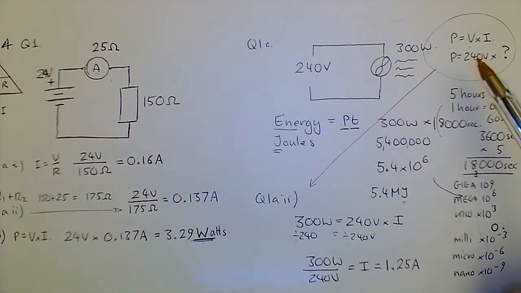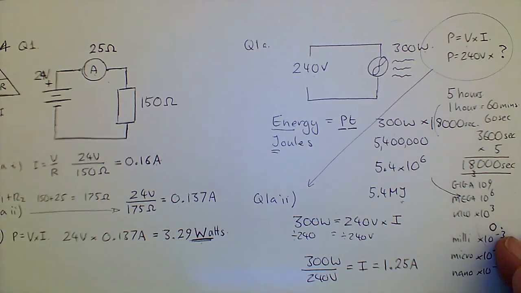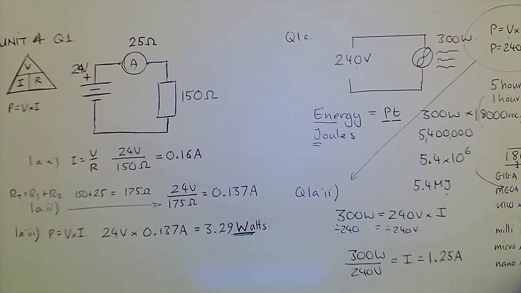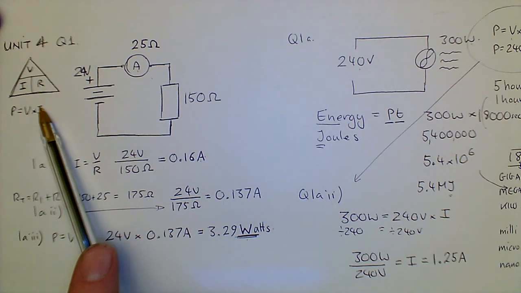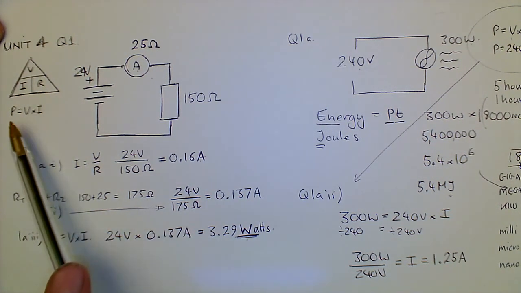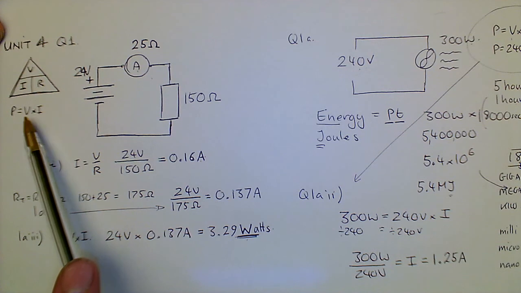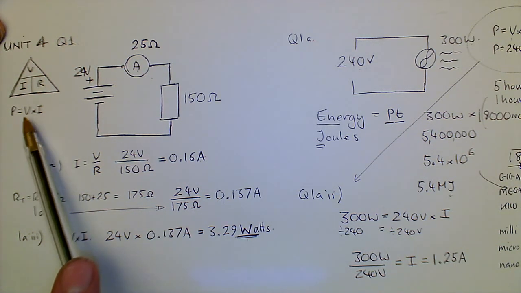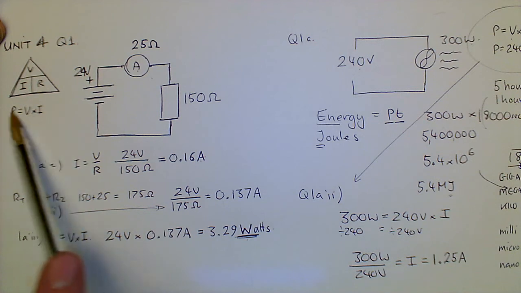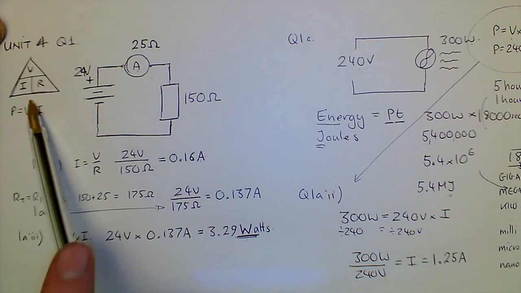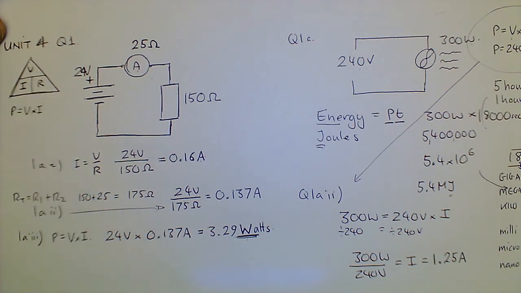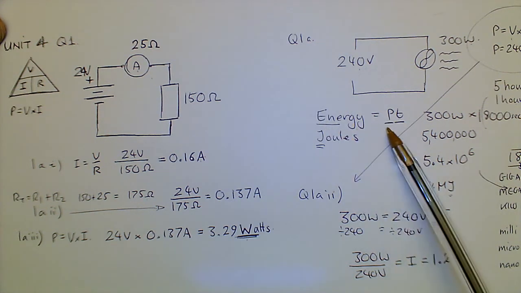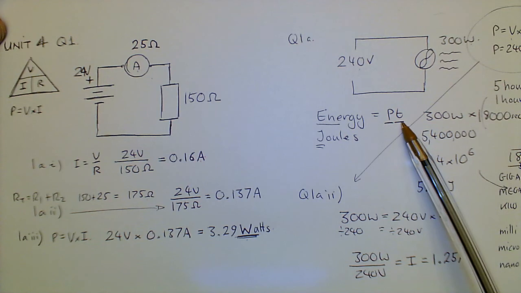So what we've got then over the first question for both papers, we've got Ohm's law relating to power being the voltage times the current. Okay, so if you've got power or you've got voltage or you've got current, you can move backwards and forwards through these values. And we introduced the concept of energy used being power times time in seconds.